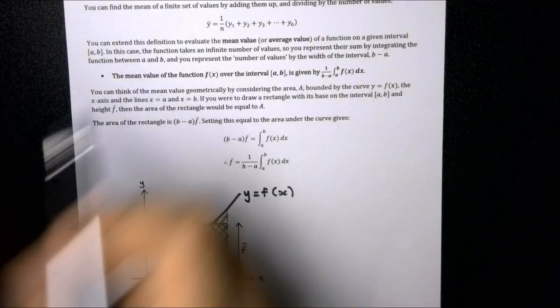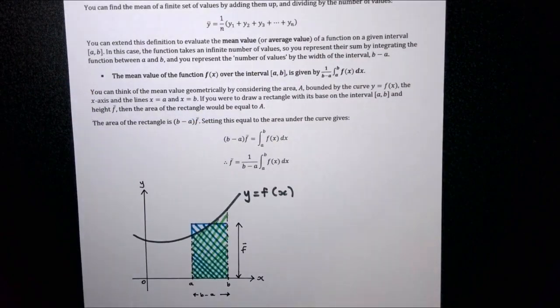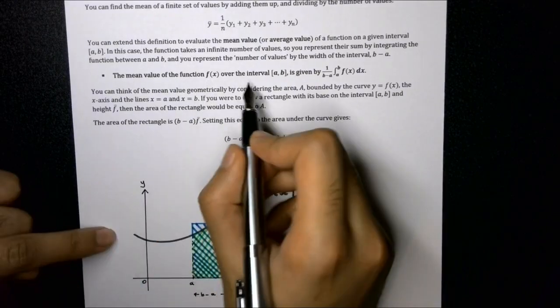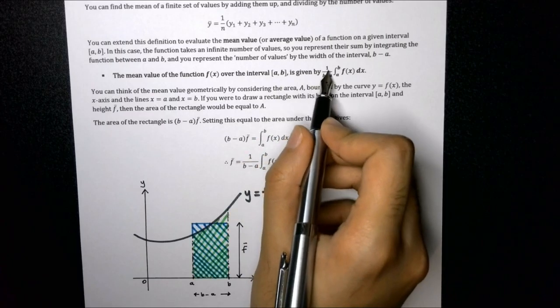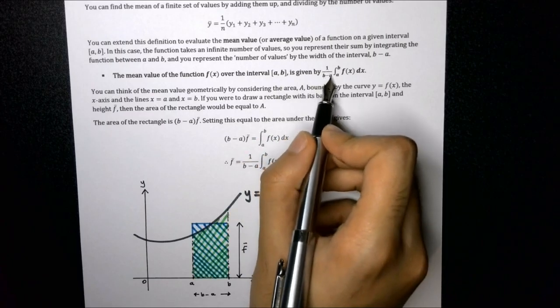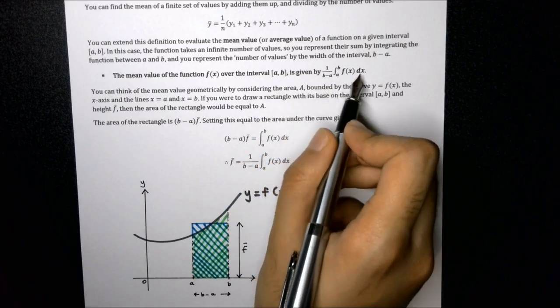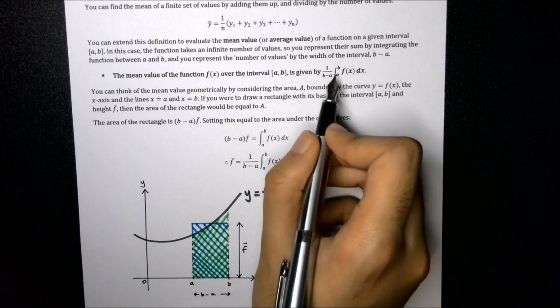So the mean value of a function f of x over the interval a to b is given by 1 over b minus a times the integral of f of x with respect to x from a to b.